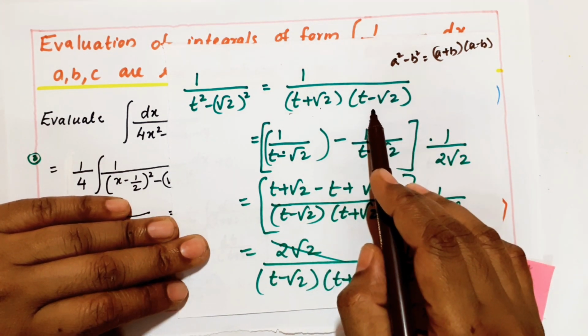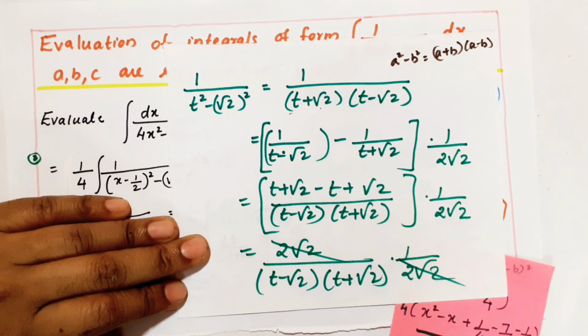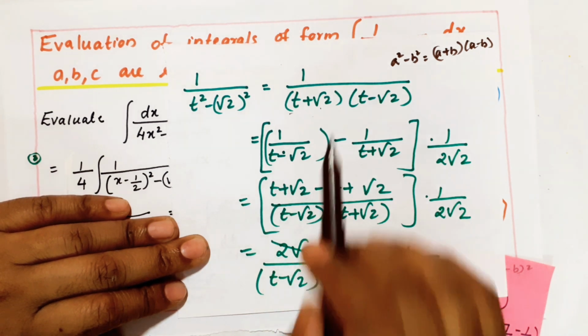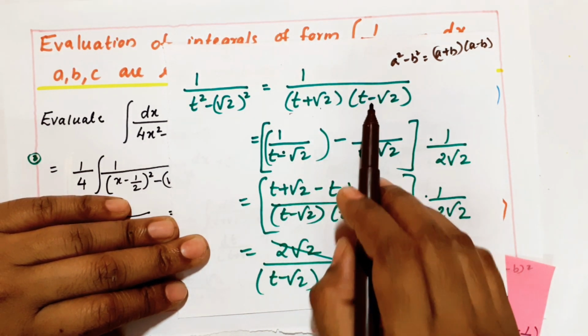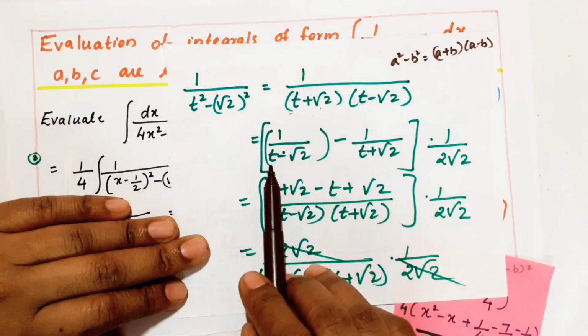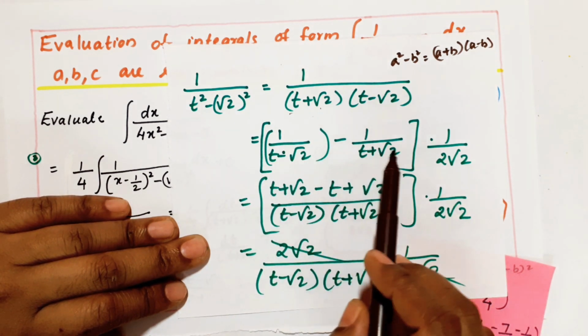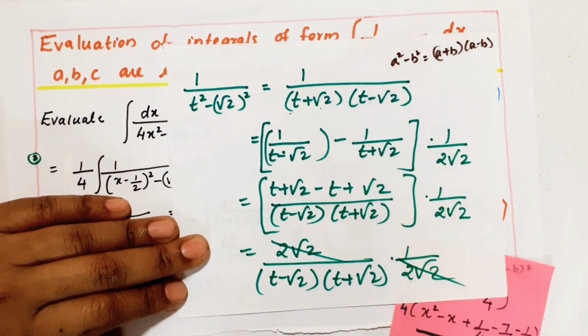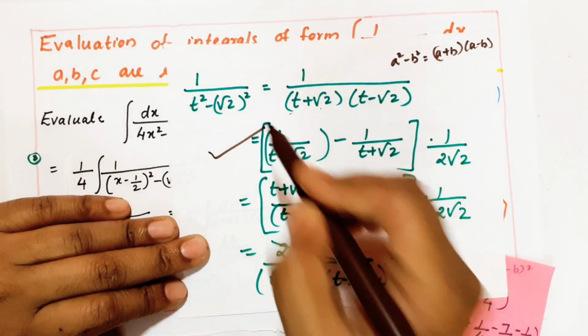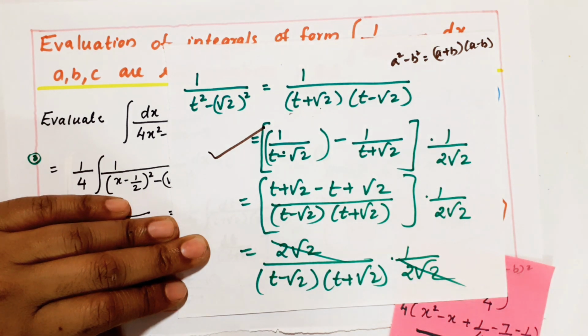This same term I can write in one more form. That idea should come. So how I can write this term means, I just split it as 1 by t minus root 2 minus 1 by t plus root 2 into 1 by 2 root 2. Why I wrote like this, I'll show you in the next step. Okay.